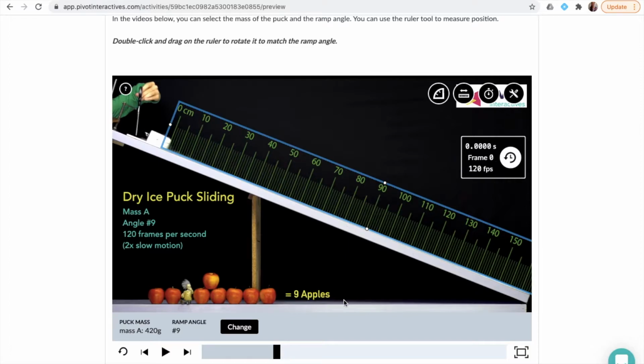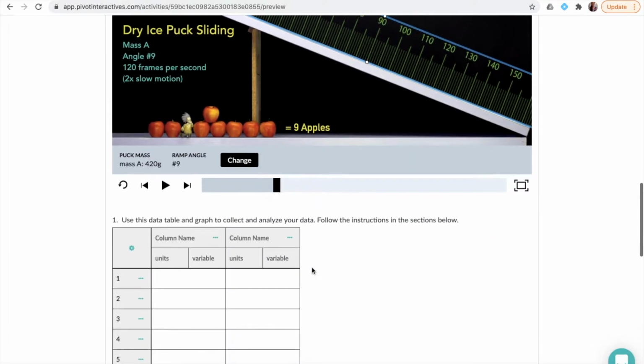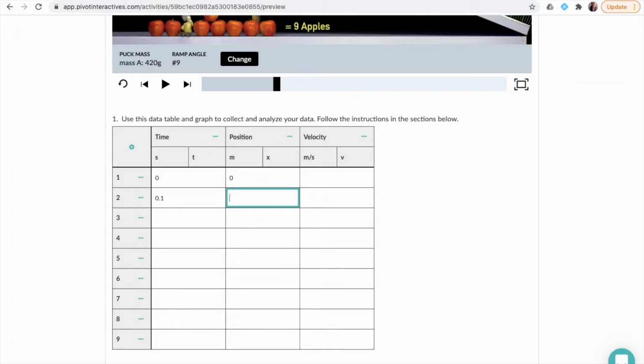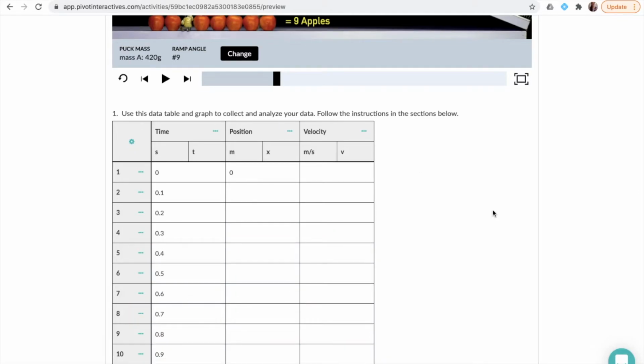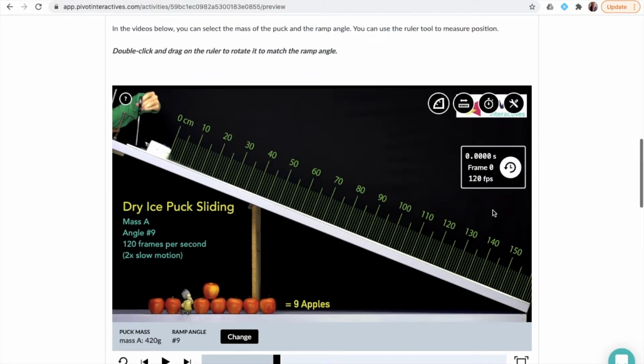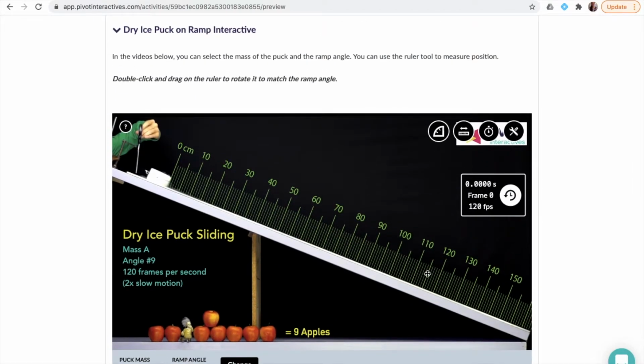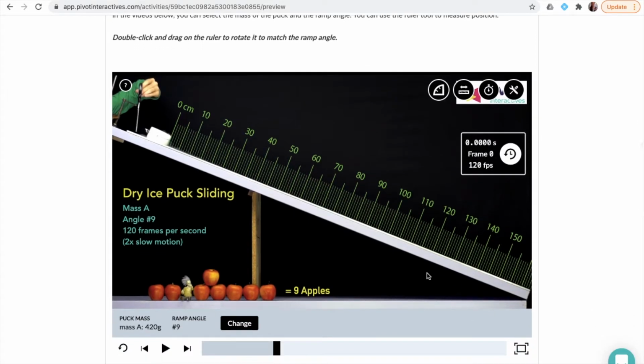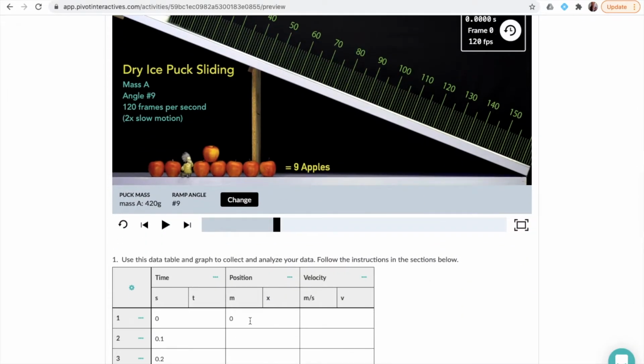Now, what I'm going to do is I'm going to fast forward in time. Every 0.1 seconds, I'll record the position, and I'll do this in the data table right below it. Since I'm measuring every 0.1 seconds of time, I'll fill out the times here so that we have measurement possibilities for 1 whole second of motion. So all I'm going to do now is I'm going to use my already calibrated system to record the position at different times. At time 0, the position is 0.